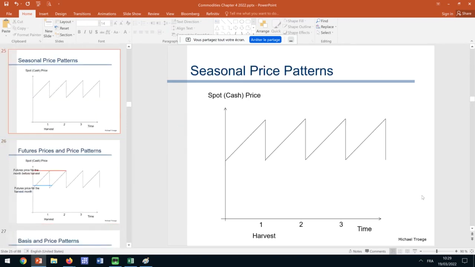It's clearly a seasonal pattern, even if I don't know exactly what the production cycle is in sugar.